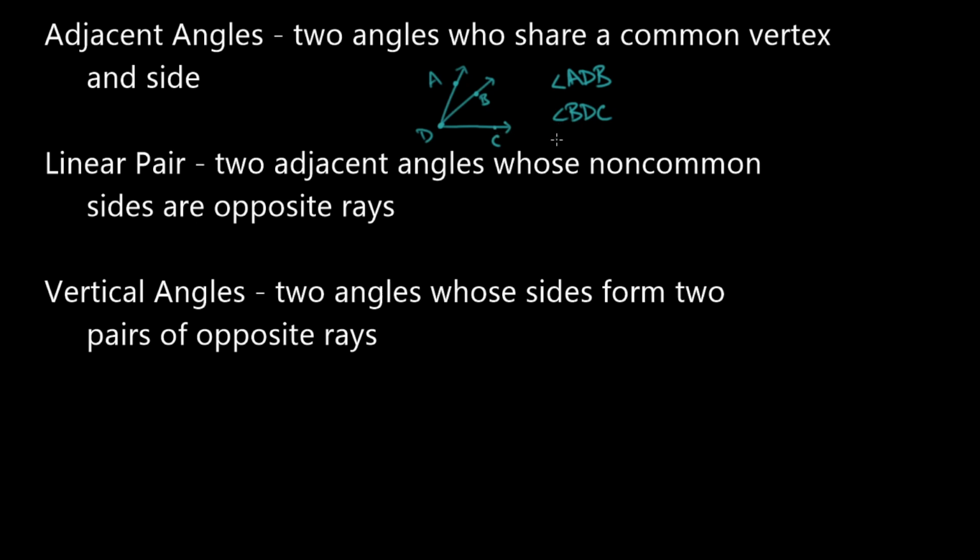And that's because they share a common vertex right here, which is D, and they share a common side, which is ray DB.